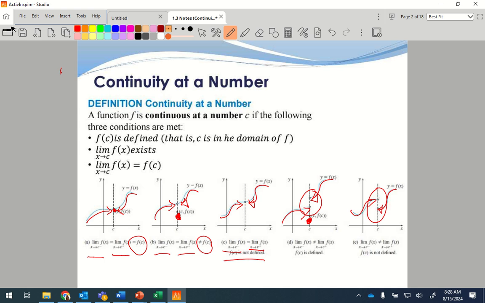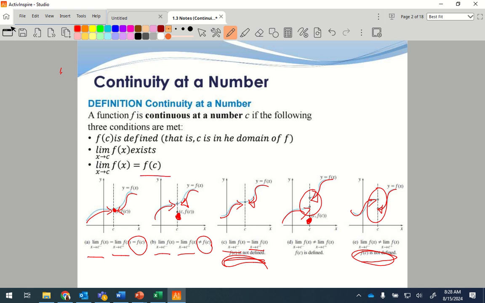Okay, it is continuous if the following three conditions are met. First, it is defined. Here's an undefined, and here is also another undefined. Second, the limit exists: left hand and right hand go to the same number.